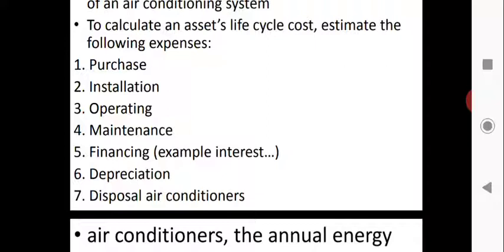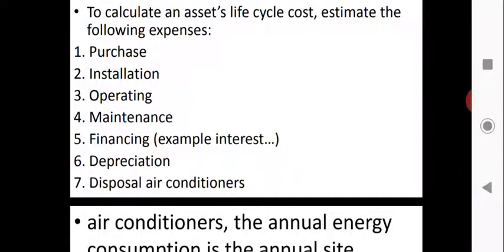They are only confident up to 2 years and they will give you maintenance free up to 5 years. This is how the company calculates the depreciation of a particular equipment. Depreciation means once you use that air conditioner, its efficiency goes on decreasing after 2 years. Seventh one, disposal of air conditioners.